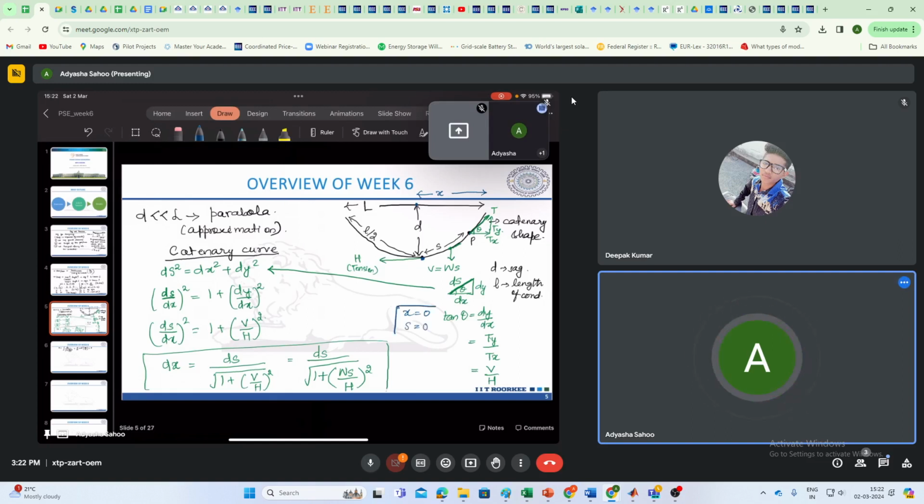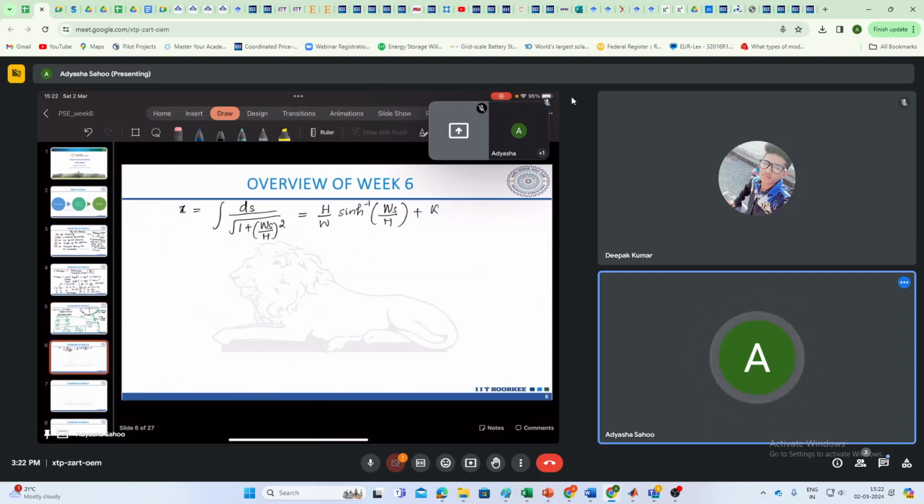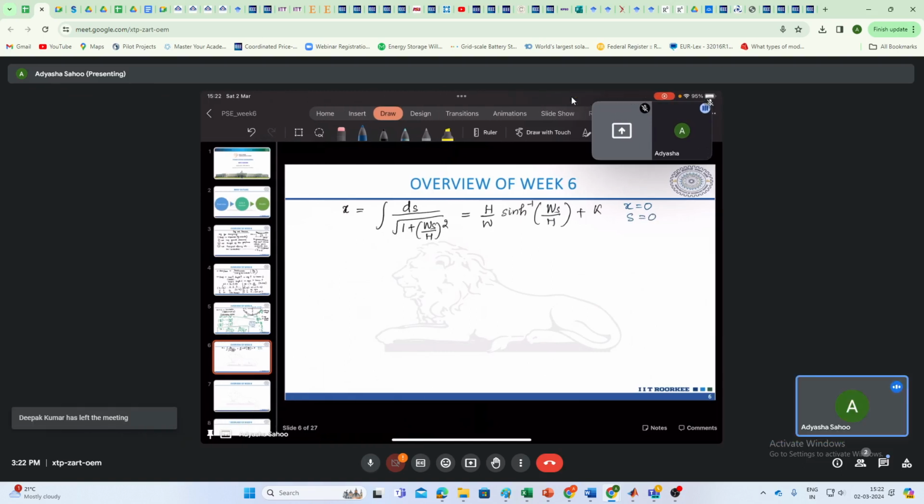So this is for your initial condition. When x is 0, s is 0, so if you substitute it here, it will give k as 0. So finally we can write x as H by W sine hyperbolic inverse WS by H.